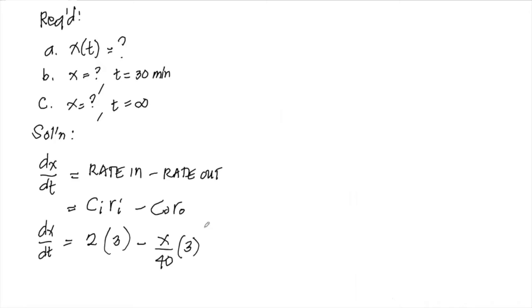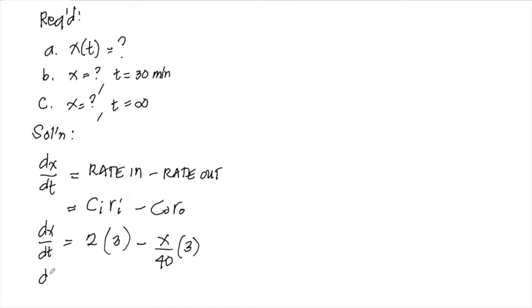So we arrange this into standard form. Nabanggit ko nga kanina, di ba, this linear equation. As you can see, X is in this ordinary derivative, X is the dependent variable and T is the independent variable. So it means that ayan, we have to transpose this to the left side of the equation.